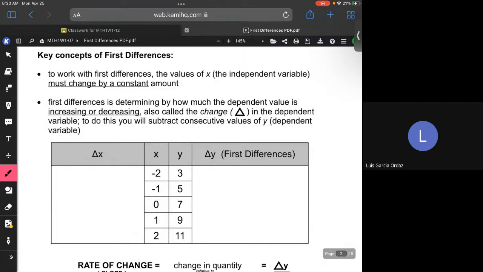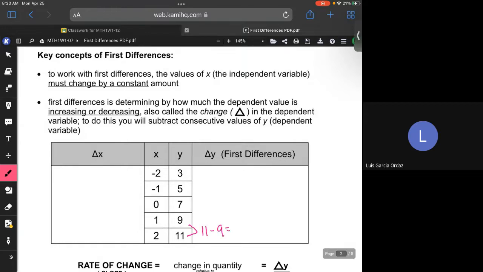Okay, so what the first differences is we're just looking at the changes in y and the changes in x, and we're going to figure out a ratio between both of them. So what we're doing is we're basically going from the bottom up. So my first thing is going to be 11 minus 9, which is what?